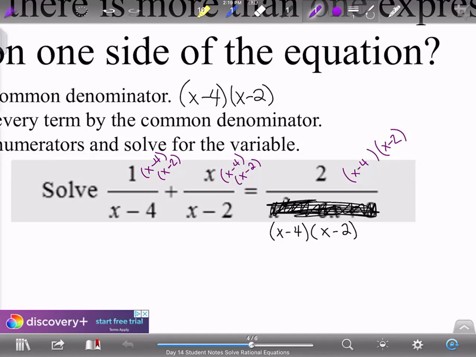So now before I go ahead and do that multiplication here, I know that for the first fraction, when I look at it, the x minus 4 should cancel with the x minus 4. I'm multiplying by x minus 4, but I'm also dividing by x minus 4, so those will cancel.